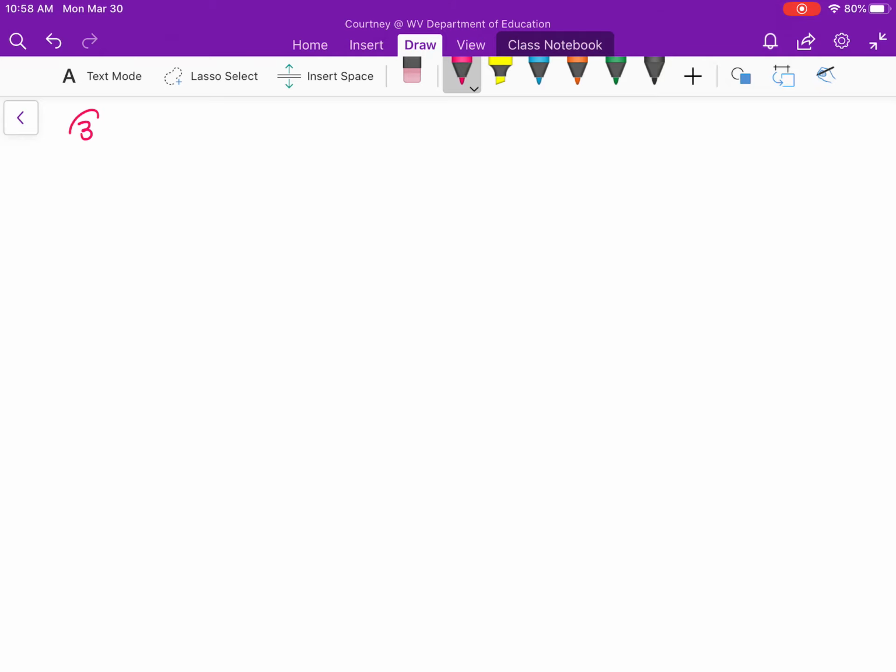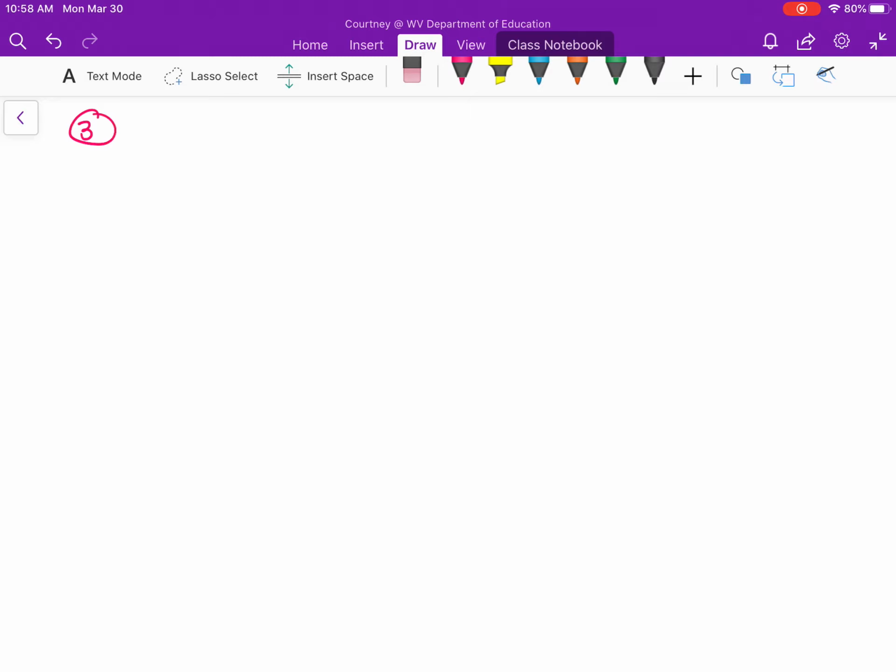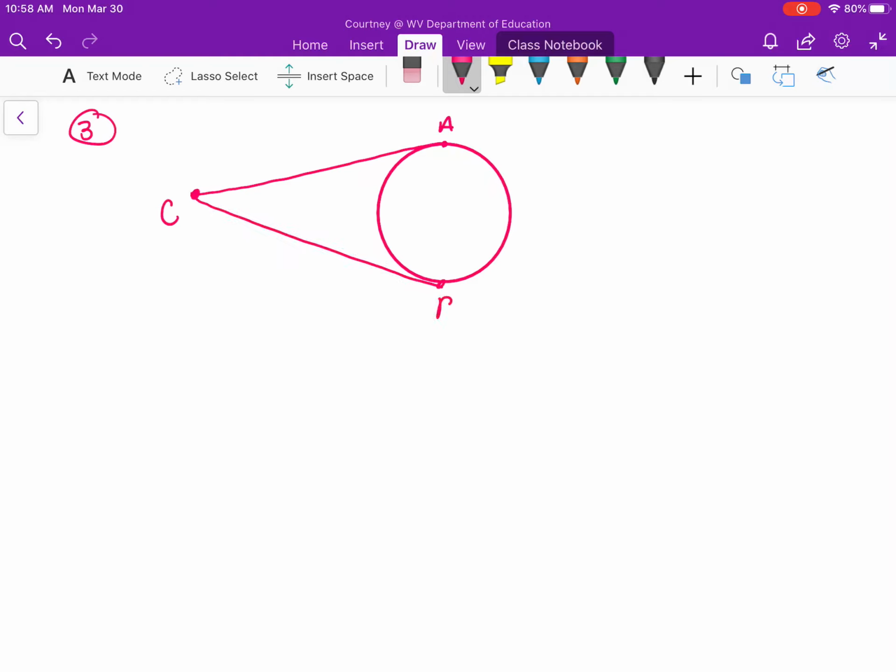Number 3, and we have one more after 3, and then we're done. Okay, here I have a circle, and we have 2 tangent lines to this exterior point C. We have AC, and we have BC.